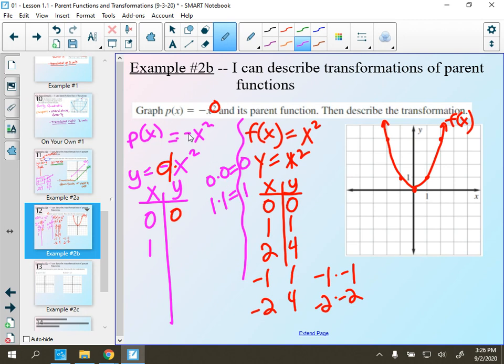But then I need to apply this negative. So -1 times 1 is -1. One more time with 2. 2 times 2 is 4. But then I need to take my result and multiply it by -1. Therefore, 2, -4. So it's a little bit weird.